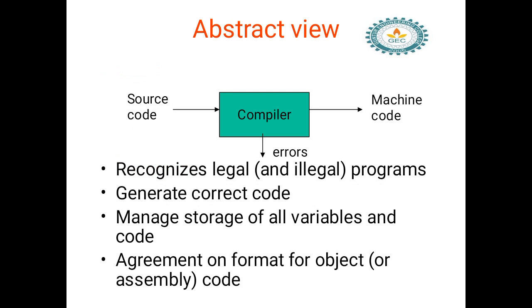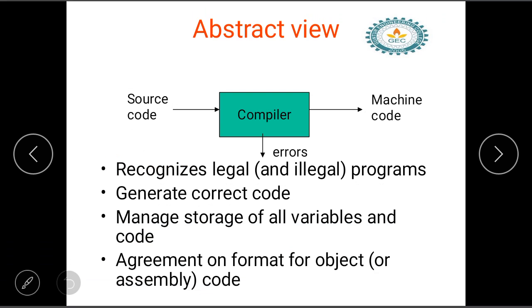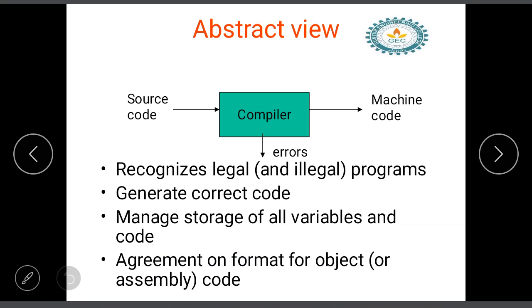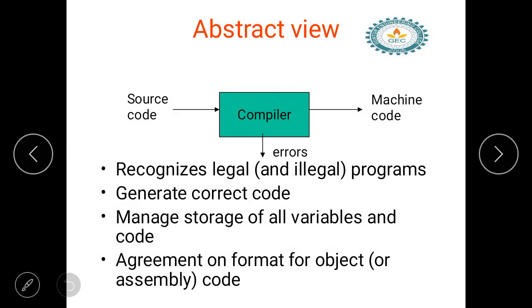So, the abstract view. This is the general procedure: how to convert the source program to a machine level program. This is a source program. The source program is input to the compiler, and the compiler converts it into machine level language.